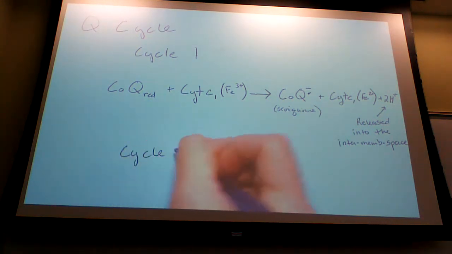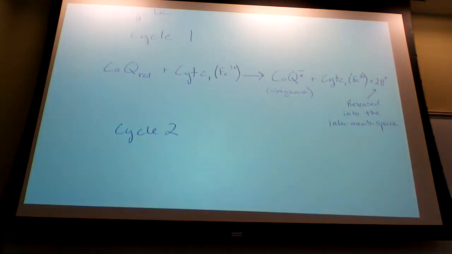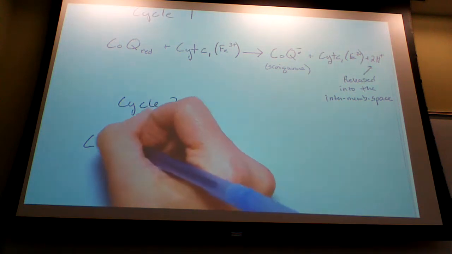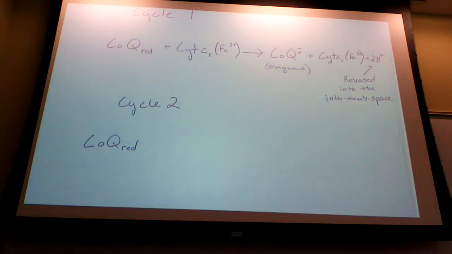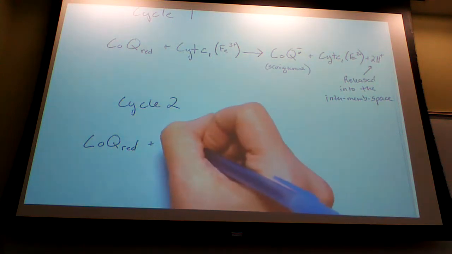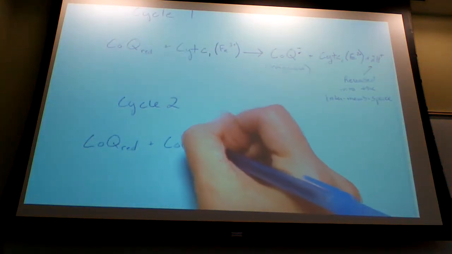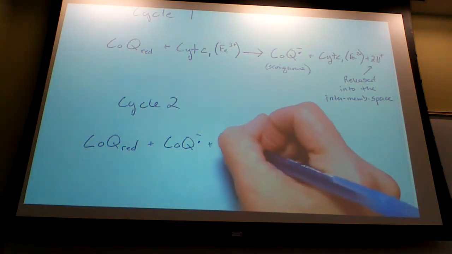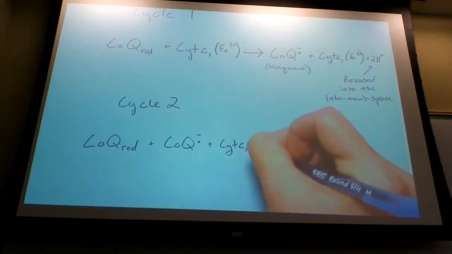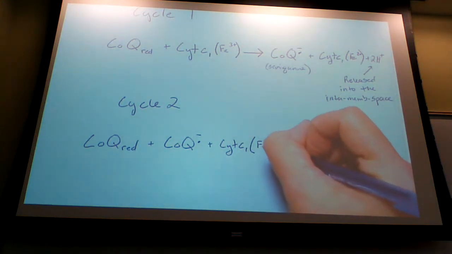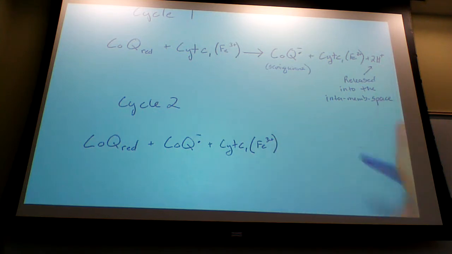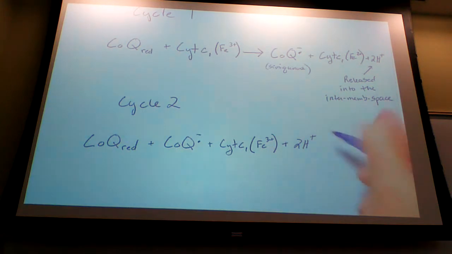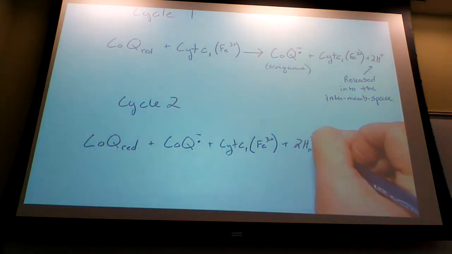So then comes cycle 2. And we bring in another coenzyme Q reduced, plus the semiquinone, plus another cytochrome C1 in its oxidized form. Plus 2 protons that are from the matrix.